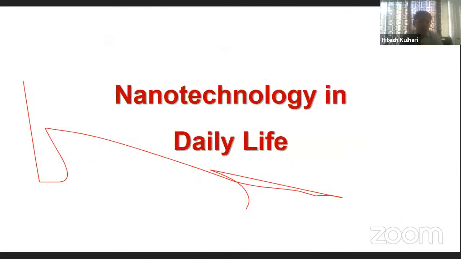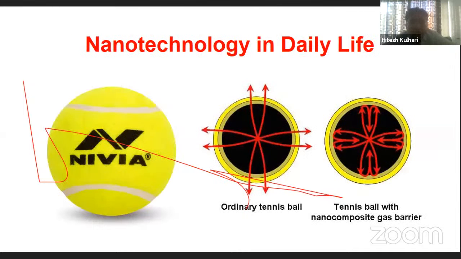Now, where can we see nanotechnology? Have you seen nanotechnology around you in your day-to-day life? Here are a few examples of nanotechnology in our routine life. This is a tennis ball, and some tennis balls are now designed on a nanotechnology base, with a nanocomposite gas barrier.